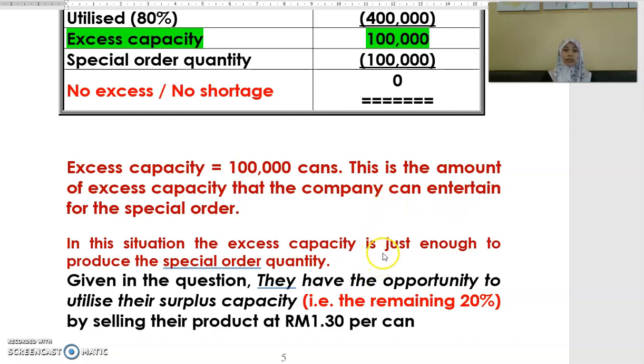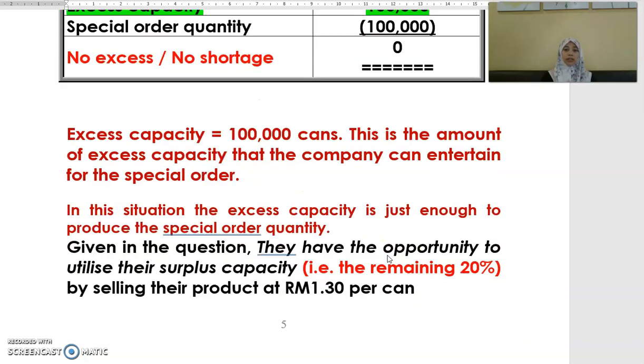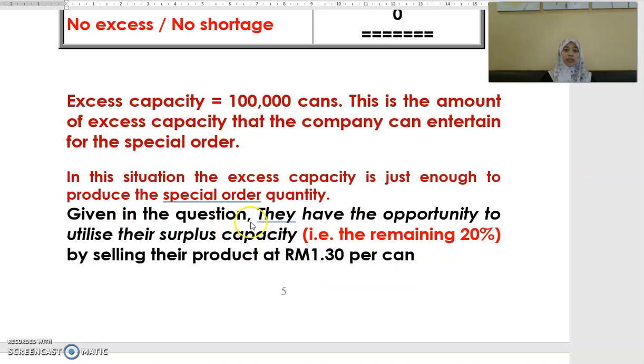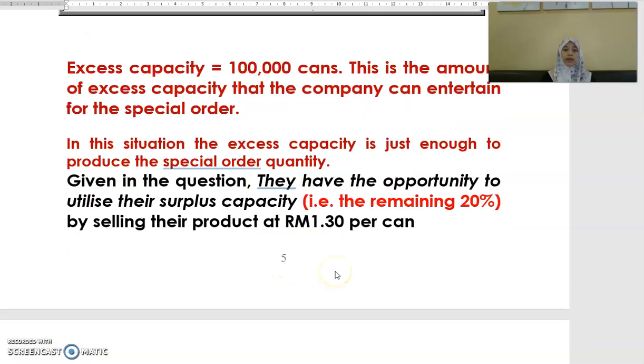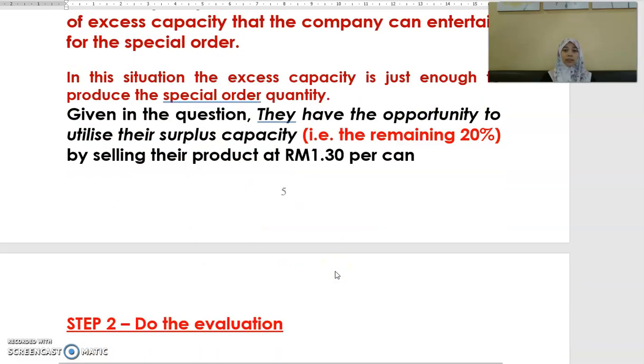In this situation, the excess capacity is just enough to produce the special order quantity. As mentioned in the question, they have the opportunity to utilize their surplus capacity, that is the remaining 20%. So you use that extra capacity, the 20%, to produce and sell your product at 1 ringgit and 30 per can.